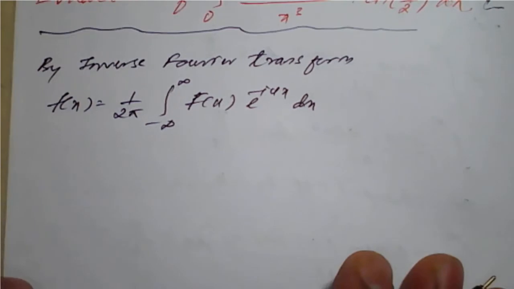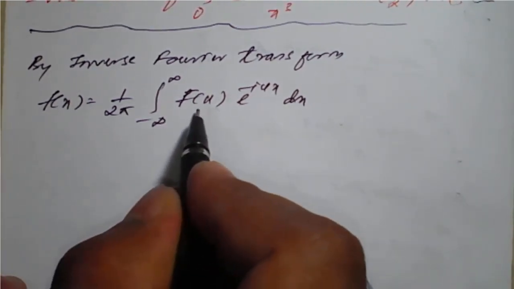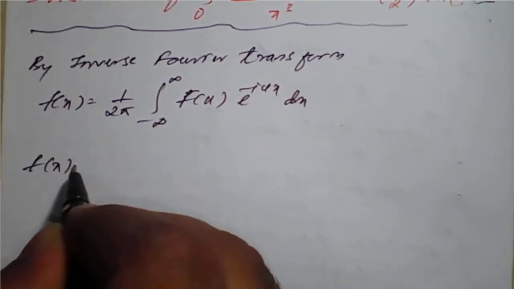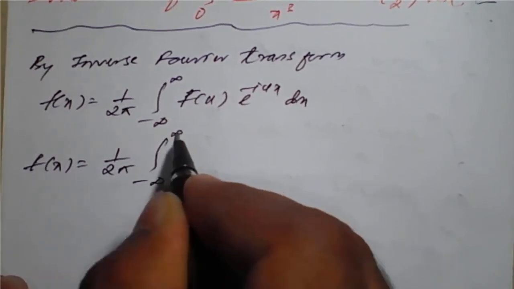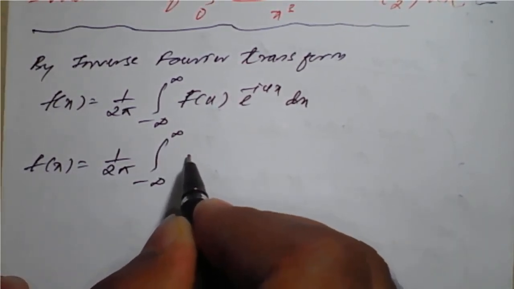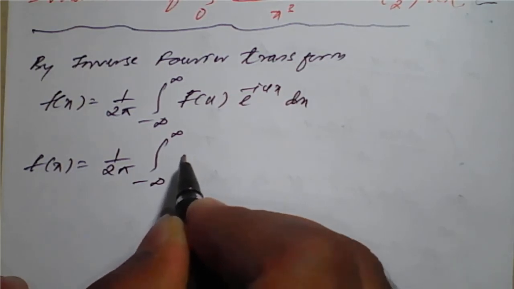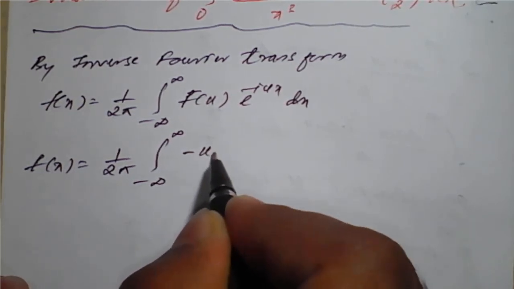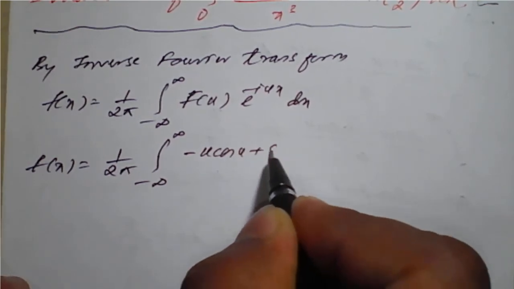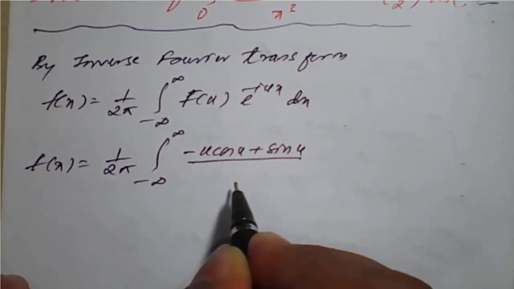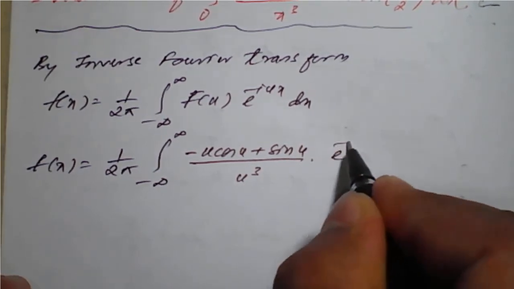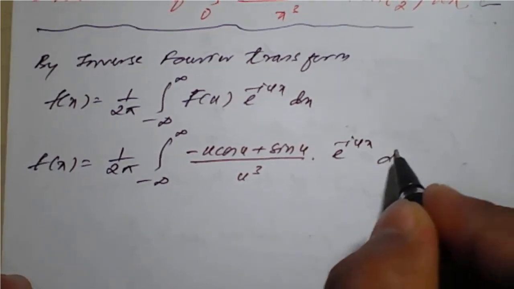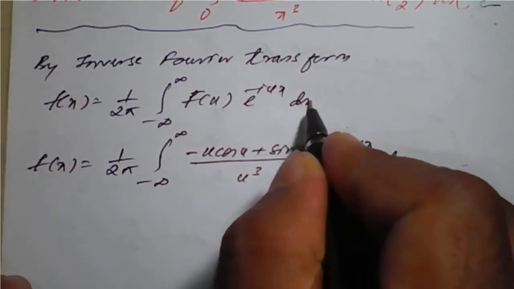We know that we got the Fourier transform, that is we need to replace f of x is equal to 1 upon 2 pi integration minus infinity to plus infinity, so we have minus u cos u plus sin u divided by u cube into e raised to minus iux into du.